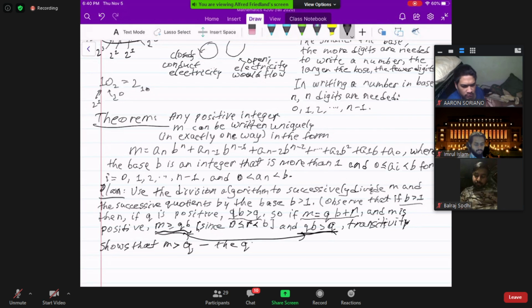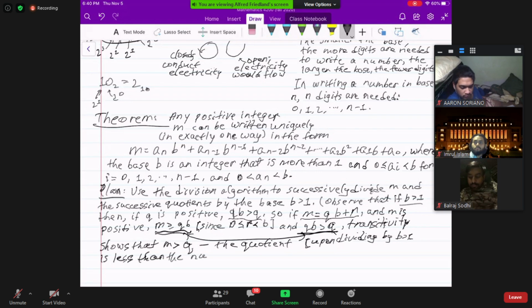The quotient upon dividing in the division algorithm by b greater than 0 is less than the number m that is being divided.